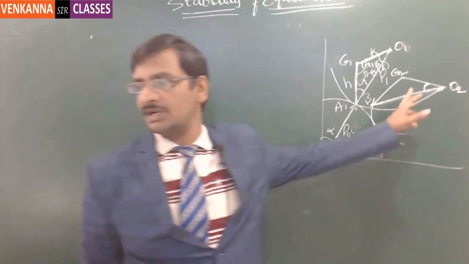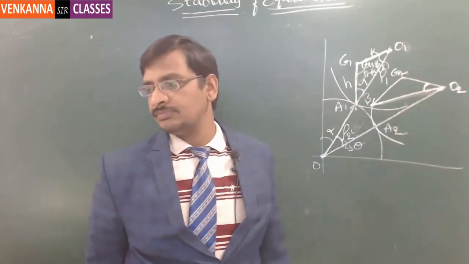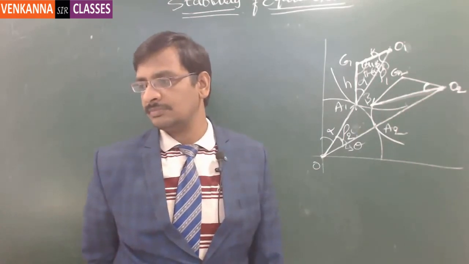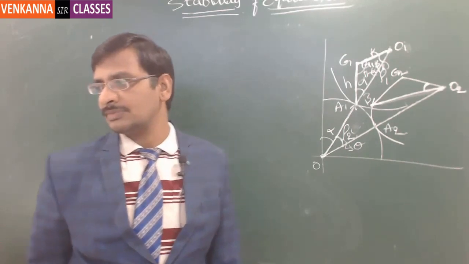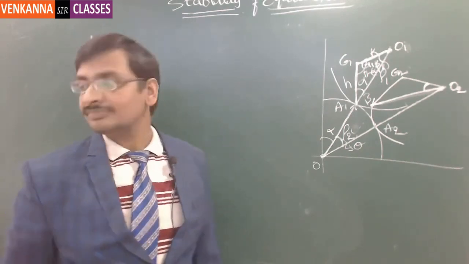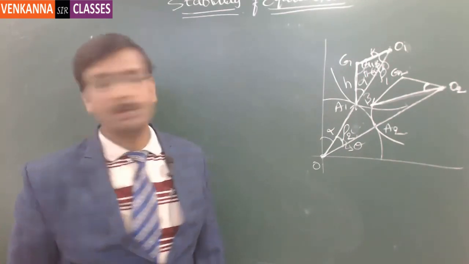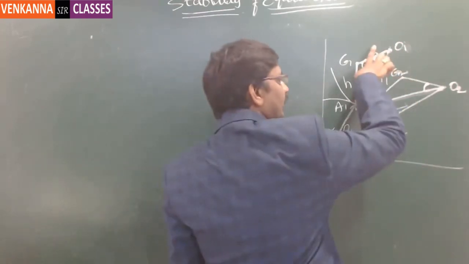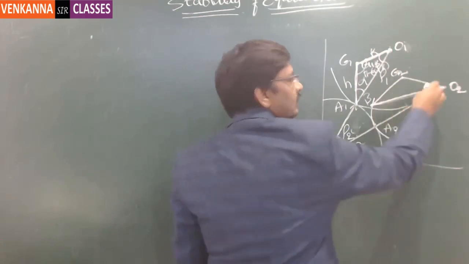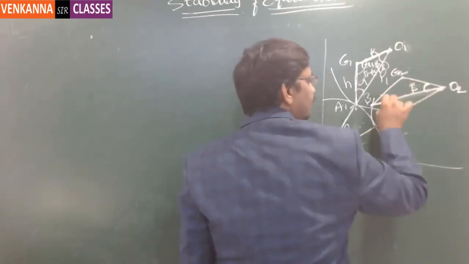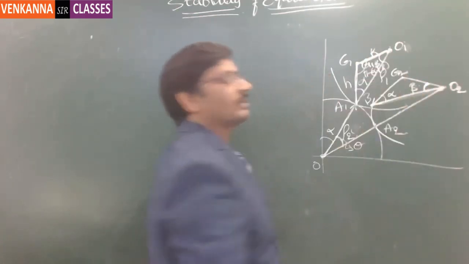Can somebody tell me what this angle is? Is it alpha or beta? It will be beta, because this triangle is trying to rotate like this. The same triangle is rotated like this. Then this angle is going to be beta again, and this angle is going to be alpha. Got it?